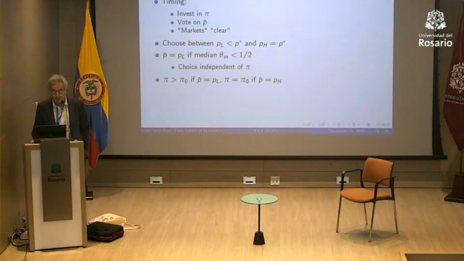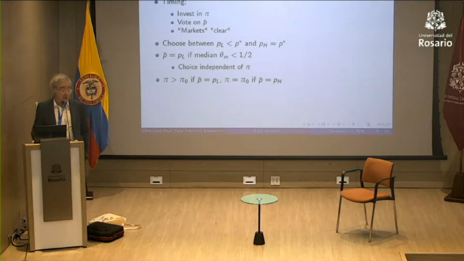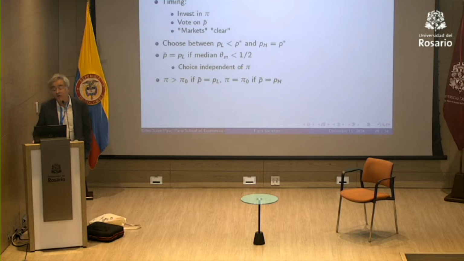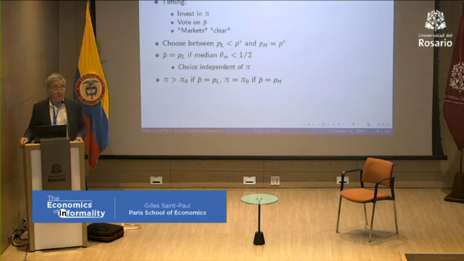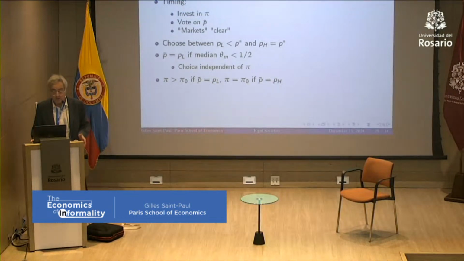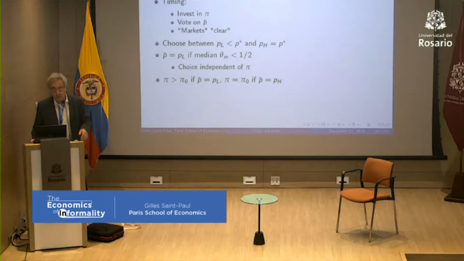Okay. On the other hand, if theta m is greater than 1/2, then the median voter is rich enough, and the median voter will vote for flexibility, and then everybody will have a social network equal to pi 0. Okay? So that's the political equilibrium.